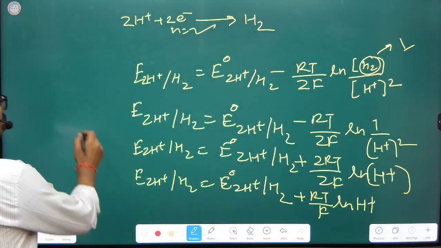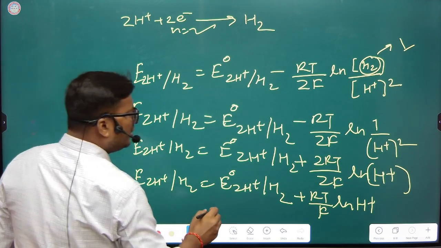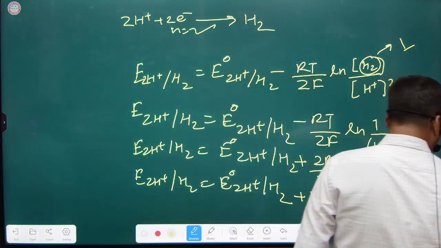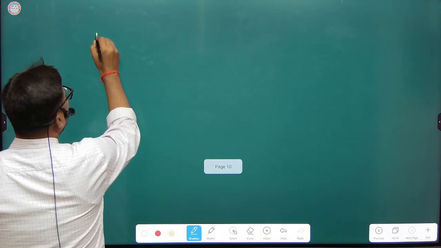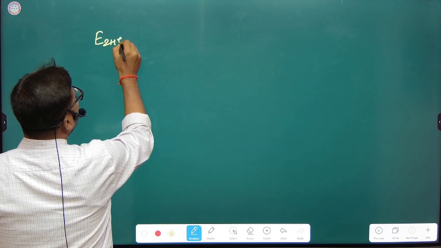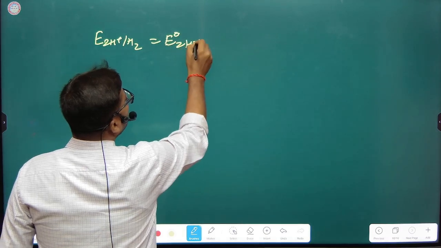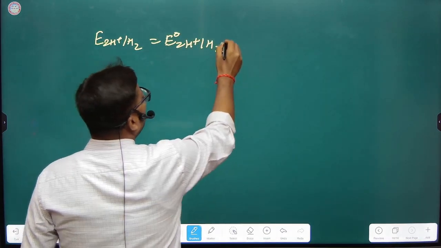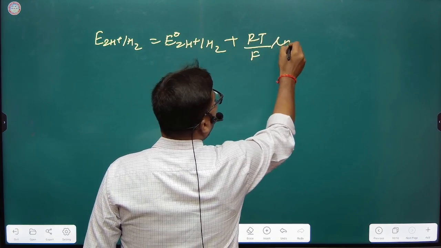But in physical chemistry you have known that, it is actually on the next page: E 2H plus H2 equals E naught 2H plus H2 plus RT upon F ln H plus.